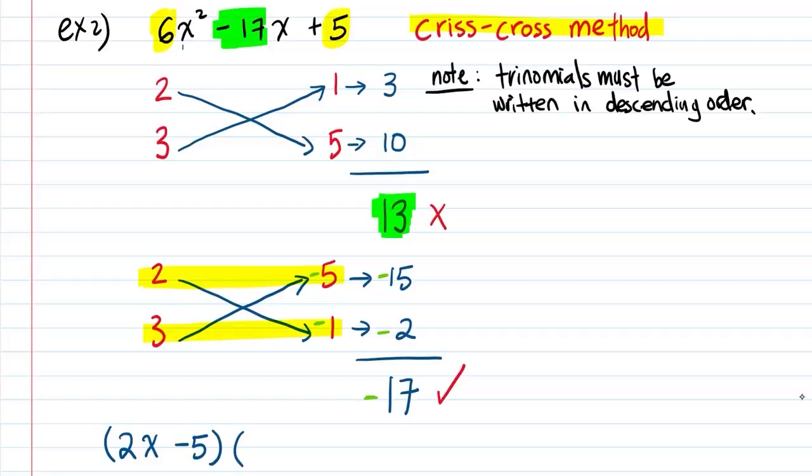And using the second row, 3x minus 1. That's how you get the answer. Like always, you can check whether you got the right answer by distributing the factors. You get the original expression. So that's how we get the answer using the criss-cross method.